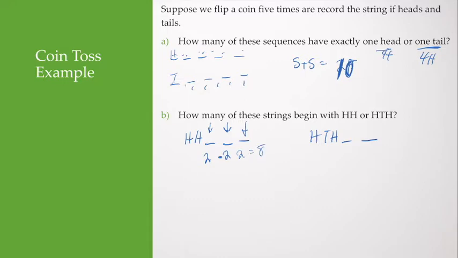So there are 8 possible strings that could start with heads, heads. For heads, tails, heads, I have 2 choices for my 4th flip and 2 choices for my 5th flip. So there are only 4 possible strings that start with heads, tails, heads. Because these events are mutually exclusive, it couldn't start with heads, heads, and heads, tails, heads. We add these together to get 12.